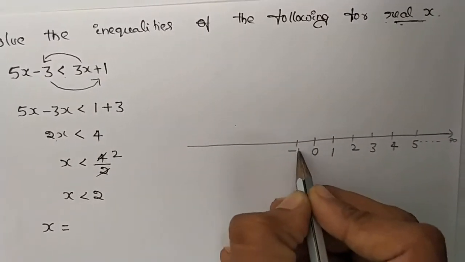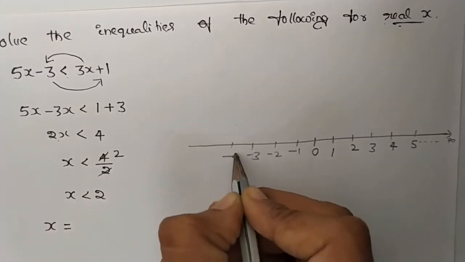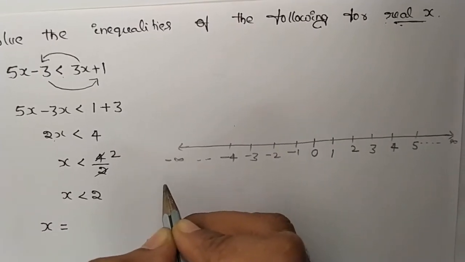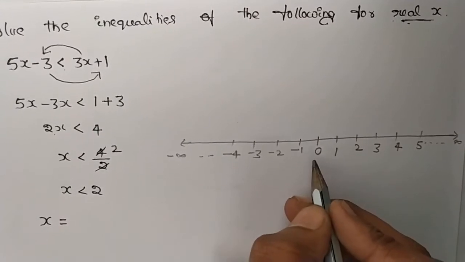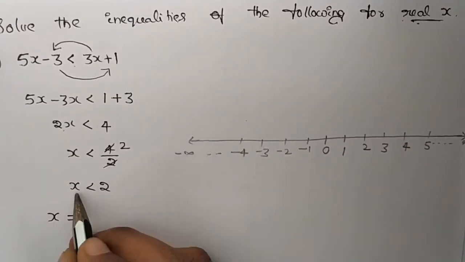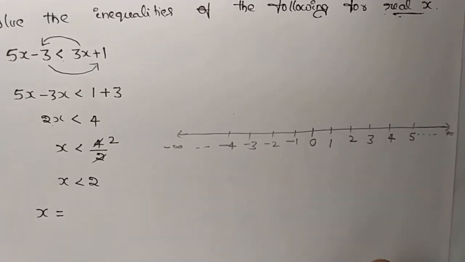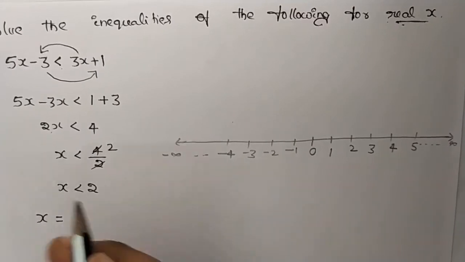Next, minus 1, minus 2, minus 3, minus 4, minus 5 and so on, up to where? Minus infinity, right? So it is one number line. Let us represent this x less than 2 on a number line. How are we going to represent x less than 2 on a number line?